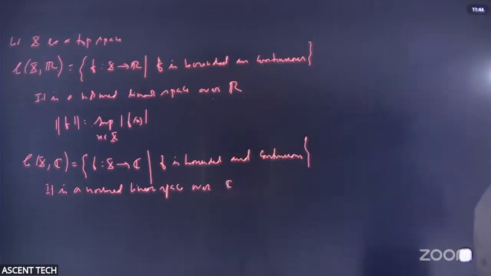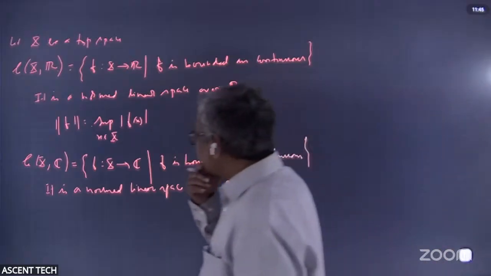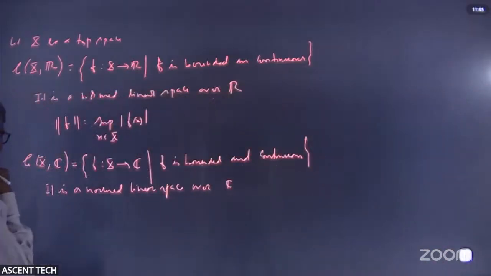We have not proven that when we did complex analysis. The Arzelà-Ascoli theorem says something about the space: if the space has certain properties, something like equicontinuity, then it becomes compact.